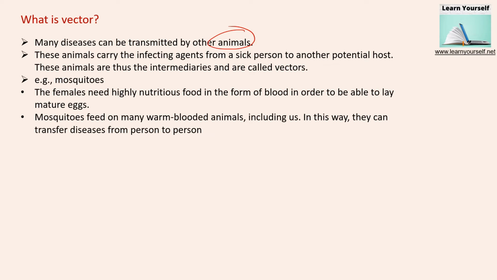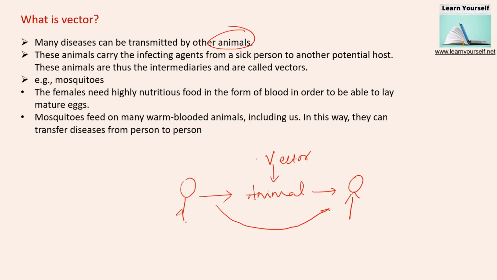So one person who has an infection transmits it through an animal to another healthy person. So this animal will become a vector, as this animal has transmitted the disease from an infectious person to a healthy person.